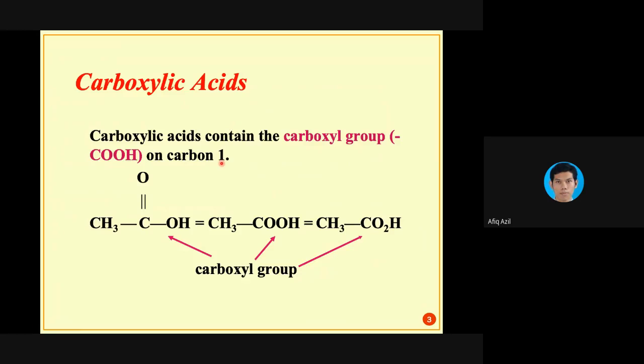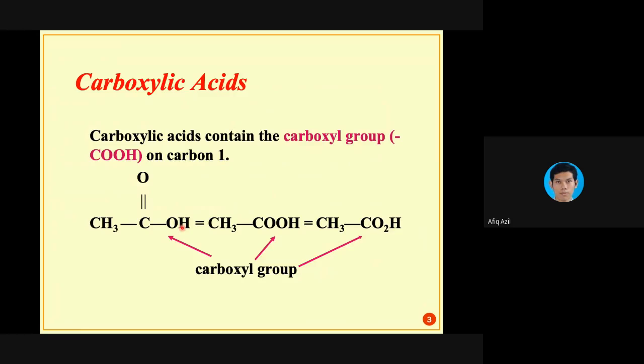But if you want to draw the structure, it will actually be C double bond O, which is basically like the carbonyl group of aldehydes or ketones, and it also contains a hydroxyl group, which is this OH.